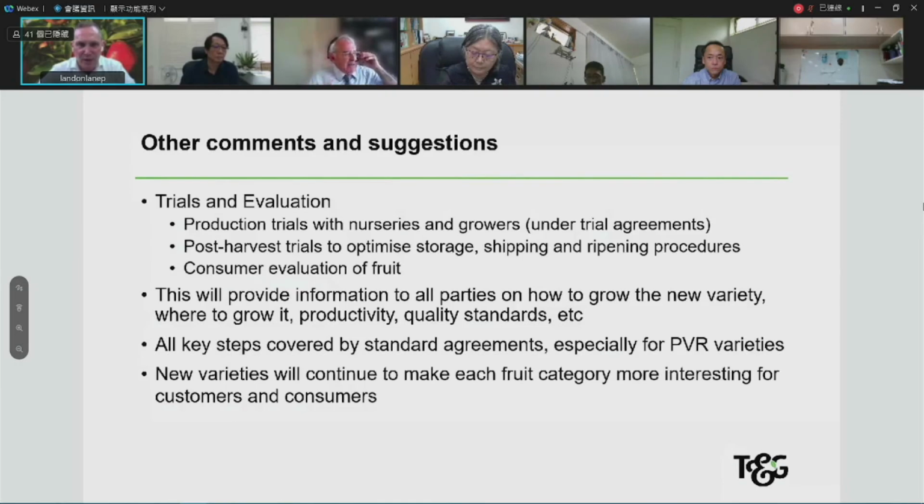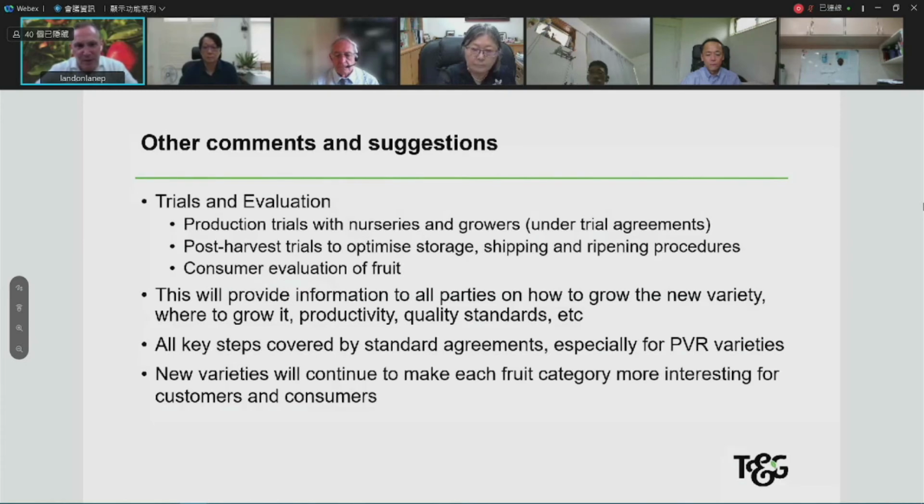And the more information you have about the performance of your new variety, not only in production, but also post-harvest, and also how well it eats from a consumer point of view, the more you can give confidence to the growers and others who need to invest to grow it.